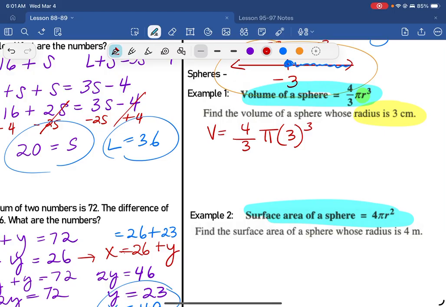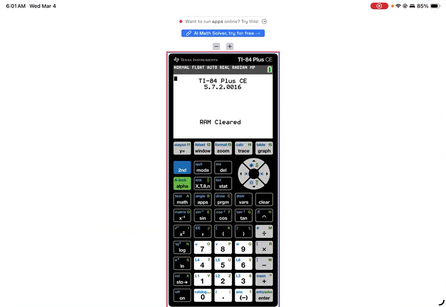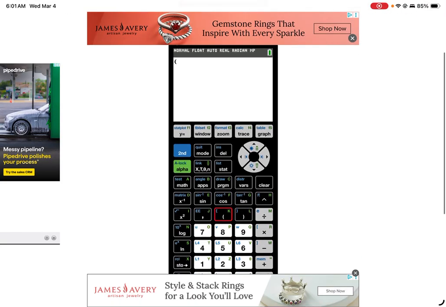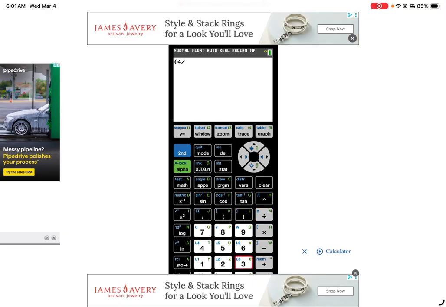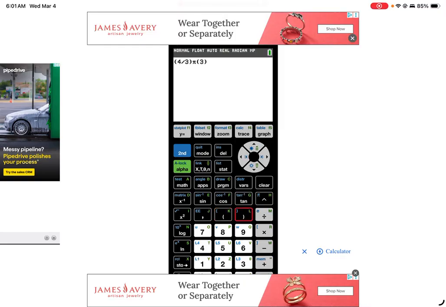Now, from here, we can plug this into our calculator. Let me show you. 4/3 pi, 3 cubed. Okay, so we can do parentheses, 4 divided by 3, close parentheses. Then I can do second, the caret key to do the pi, and then parentheses 3, close parentheses, and then the caret key so that I can put a 3 there because we wanted cubed.